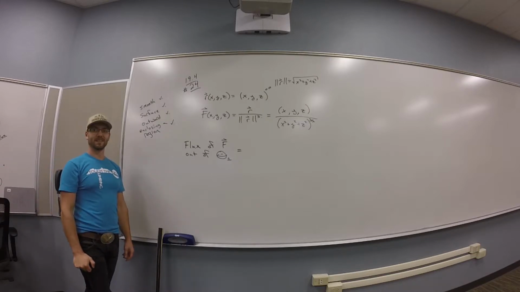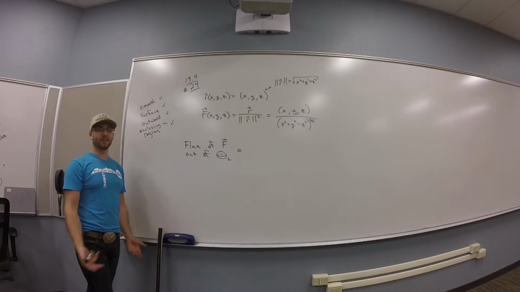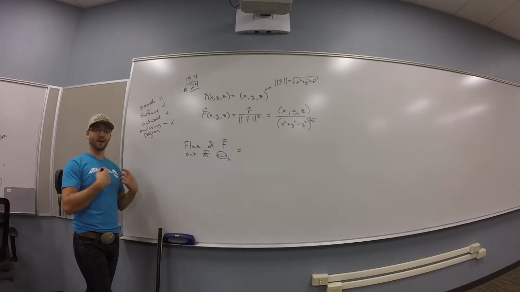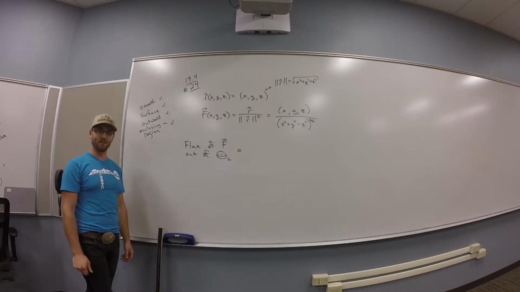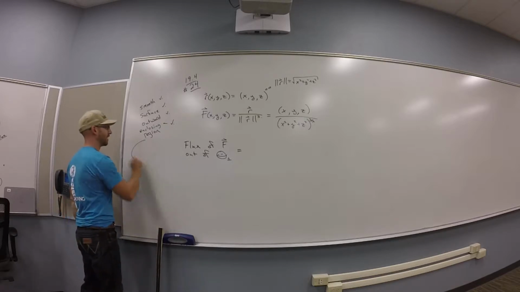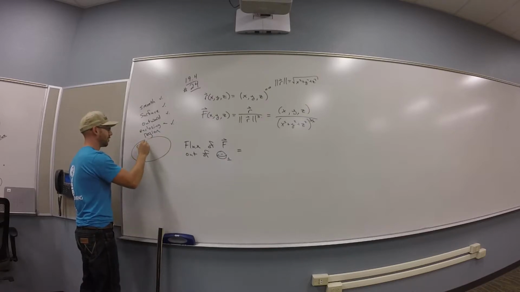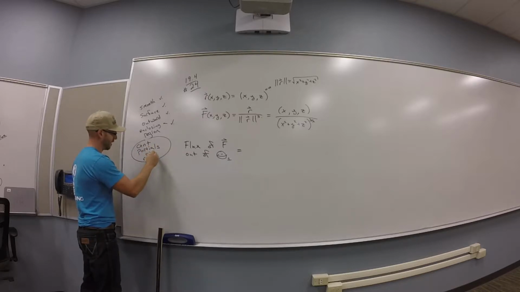But I need to take derivatives, right? Trying to calculate the divergence of this thing, I'm going to have to calculate some derivatives. So in this statement, there's a thing about continuous partials on your region, and a bit more.